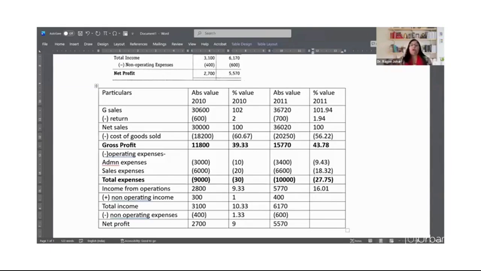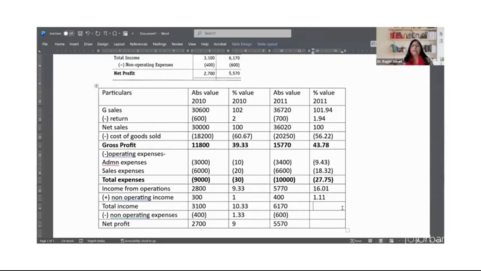Then we have non-operating income of 400 here. This comes to 1.11%. As you can see, the non-operating income has not increased much, a very slight difference.